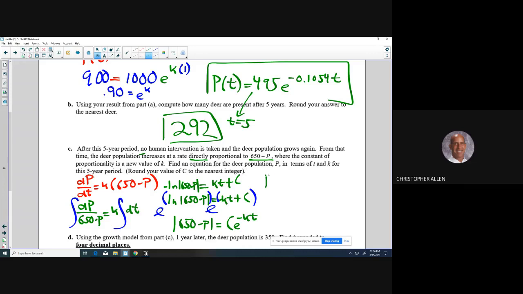Anyways, this will turn out to be P equals 650 minus C e to the negative kt. And by the way, it doesn't really matter if this C is plus or minus. You'll figure out what that is once you do the work with the initial condition. So this is the general solution.